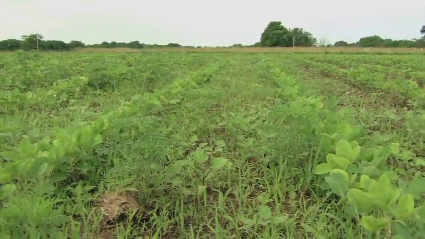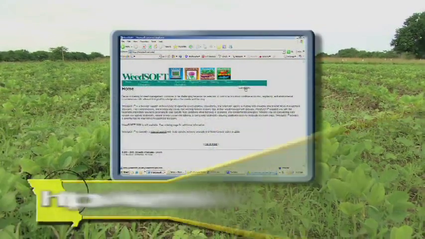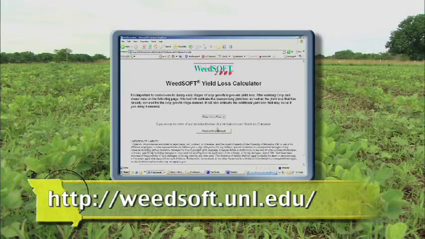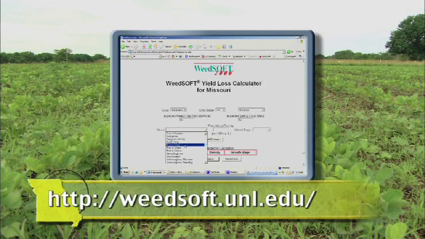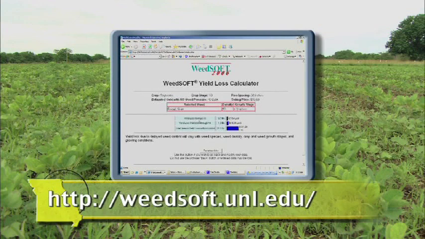We have a tool that is available free of charge online. It's called the WeedSoft Yield Loss Calculator. As you go throughout the field looking at the densities in these areas, and you get a feel for what densities of weeds you have in your field, you can then go online and enter all those weed densities, how tall the weeds are, and what stage of growth the soybean is in, and the calculator will give you an estimate of yield loss to this point.